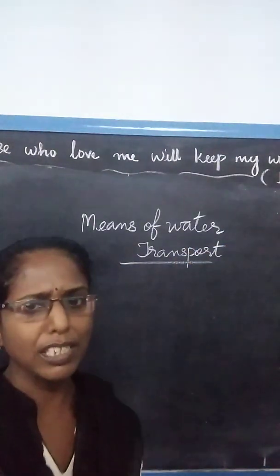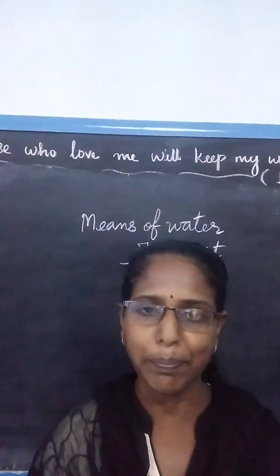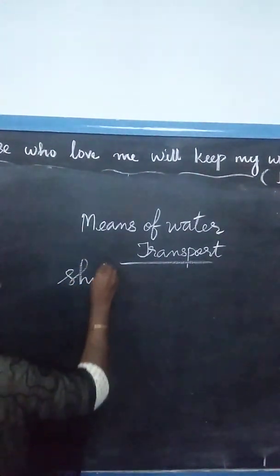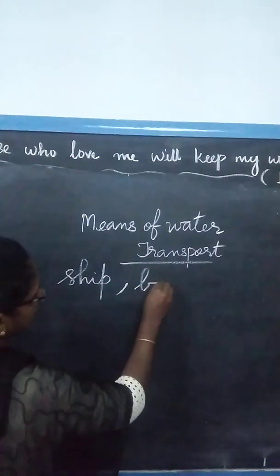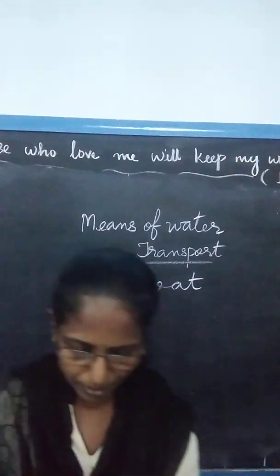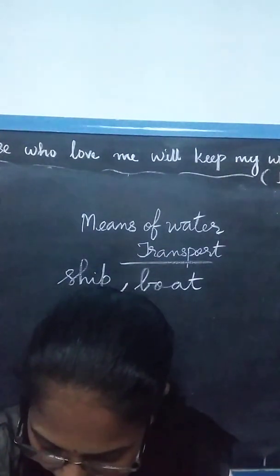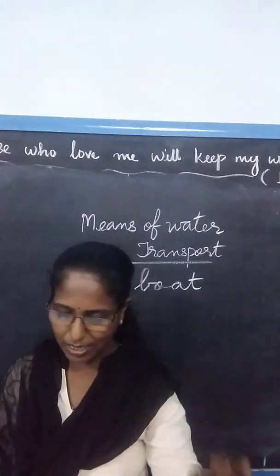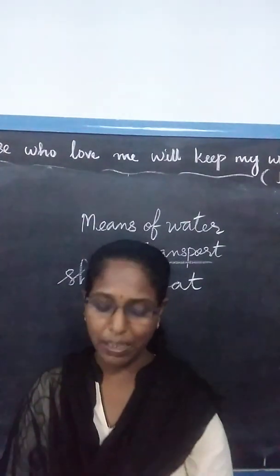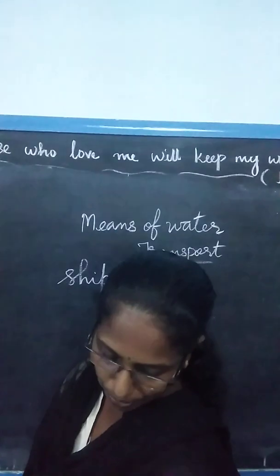Can you name the means of water transport? What we are using? Yes, ship, boat. These ships and boats sail on the sea, and we can travel from one country to another country by a ship, and a ship takes passengers and goods from the seaport.